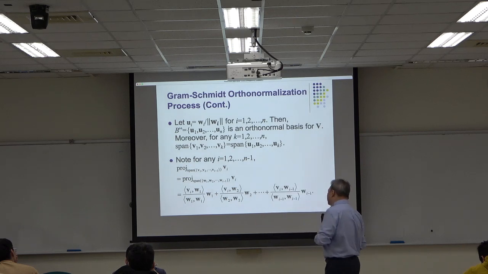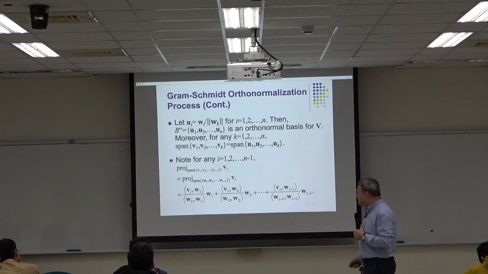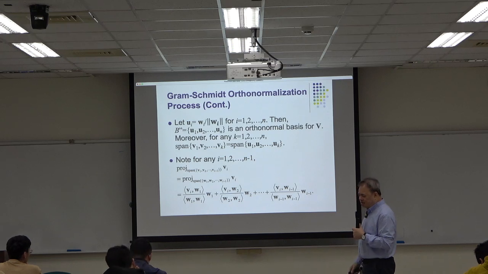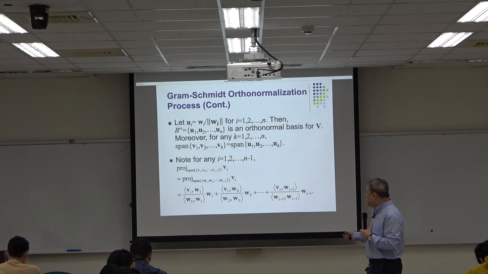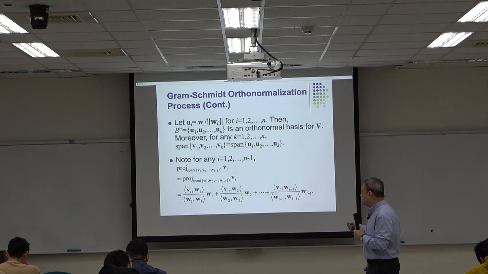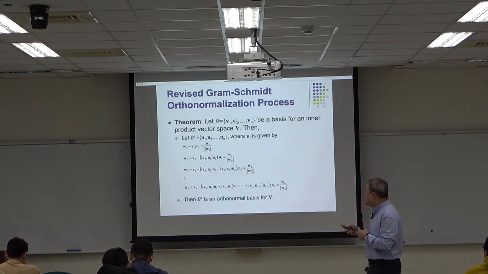And of course, if I give you a set of vectors as the basis, you should be able to derive a set of either orthogonal or orthonormal basis from the original basis I gave you. So this is something you need to know in this section, from this example, of course.